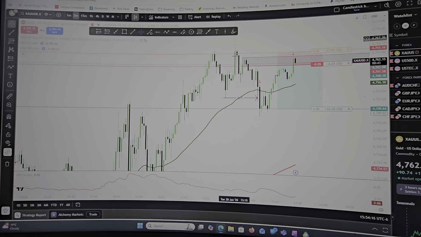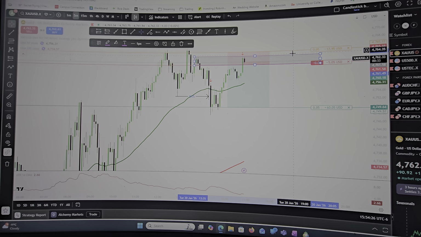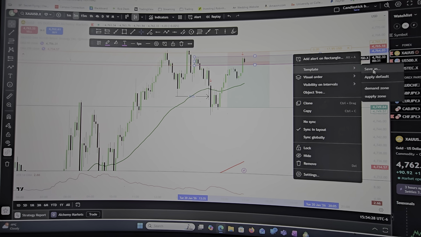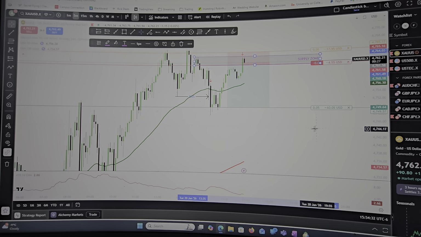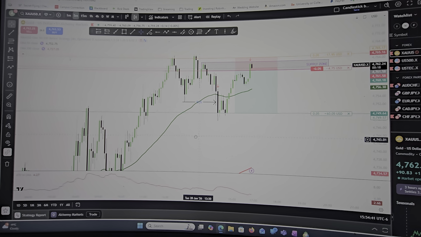So we know that it was an uptrend. We've identified the break of structure. The next thing for me to do was to find my supply zone. So I marked my supply zone right there, so I have it circled out.